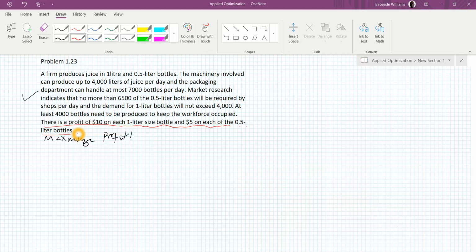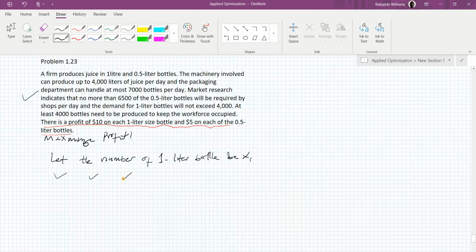Yeah, I think so. So then what I need to maximize is the number of bottles based on all the constraints involved in the question. So the first thing we need to determine are the design variables. Let the number of 1 liter bottles be x1.